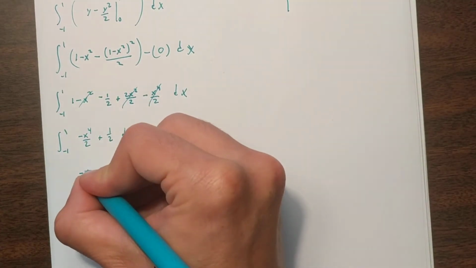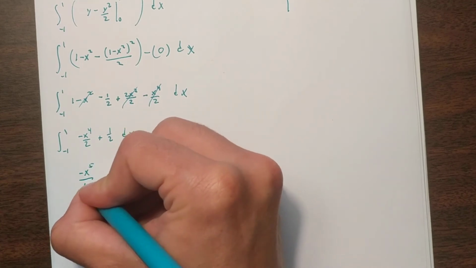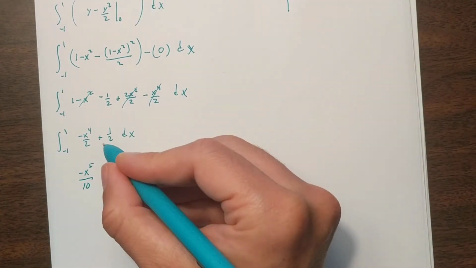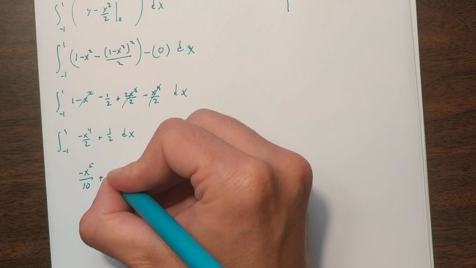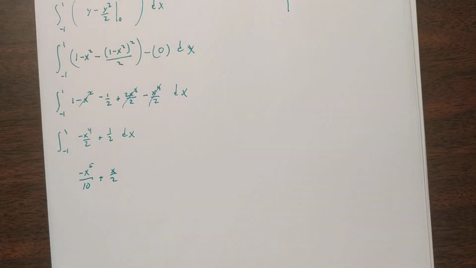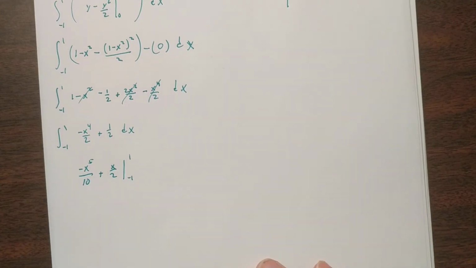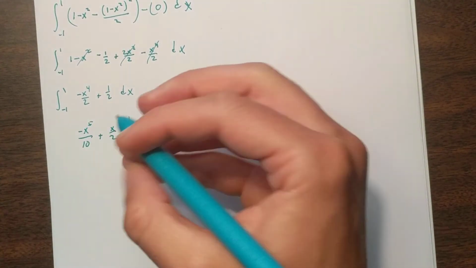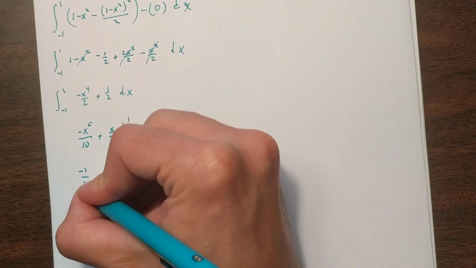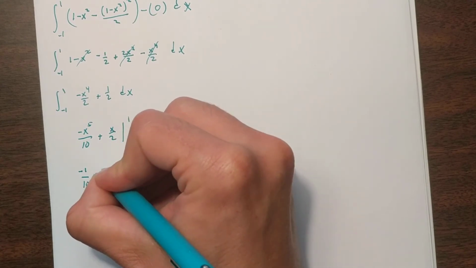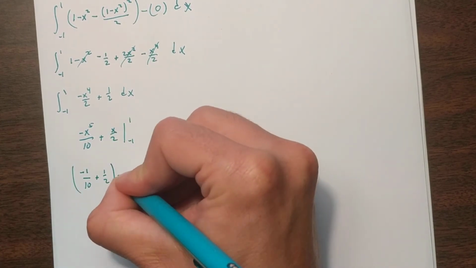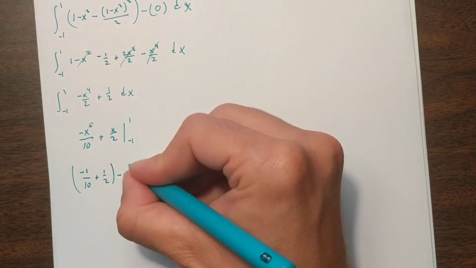So this is going to become negative x to the 5th over 10. And this is going to become x over 2 when I integrate that. I'm going to go from negative 1 to 1. So when I plug in 1, I'm going to get negative 1/10 plus 1/2 minus, now plug in the negatives.